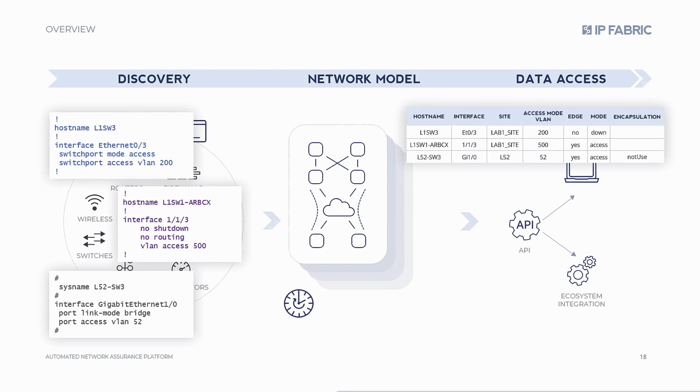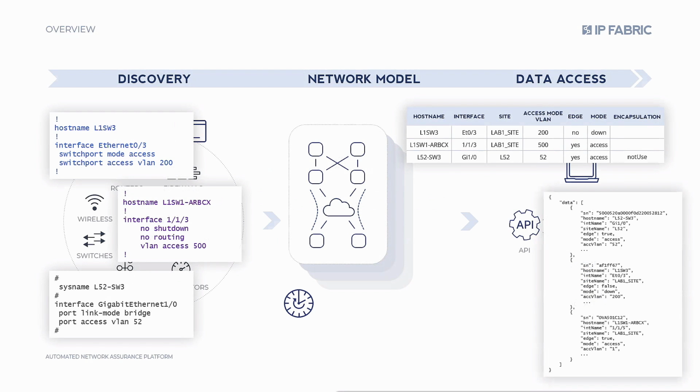But it also, and you'll notice this, it's not just taking that configuration data, it's taking state data with it as well, just to show what state those interfaces are in, for example. And of course, if you want to access that over API, you can get the JSON output that says the same thing, but then you can take on and use elsewhere. And that's the whole point of IP Fabric really, it's about us making that data available to whoever wants to consume it as easily as possible.